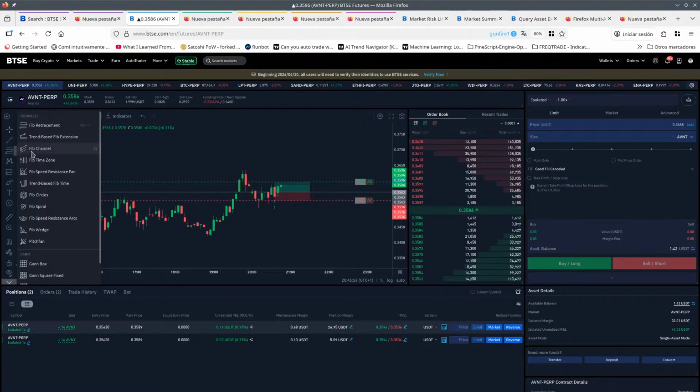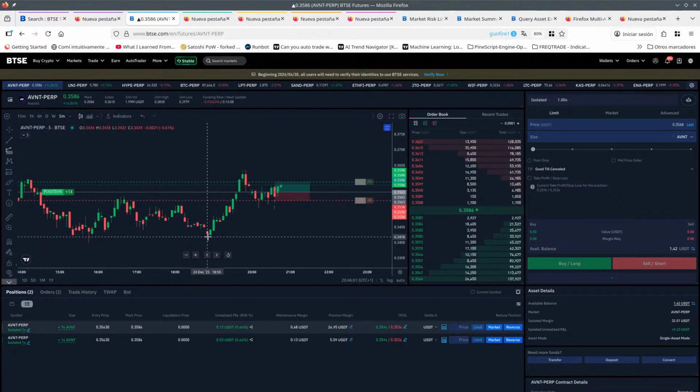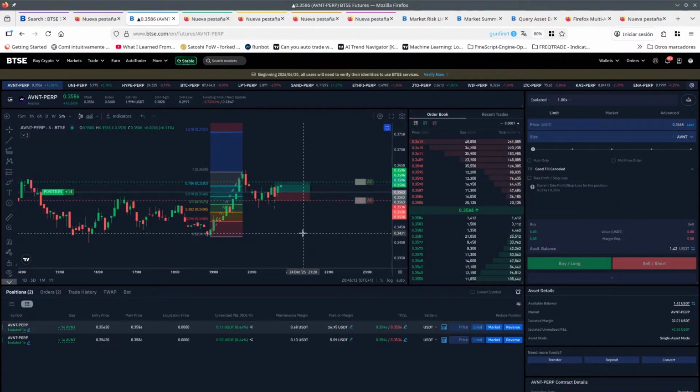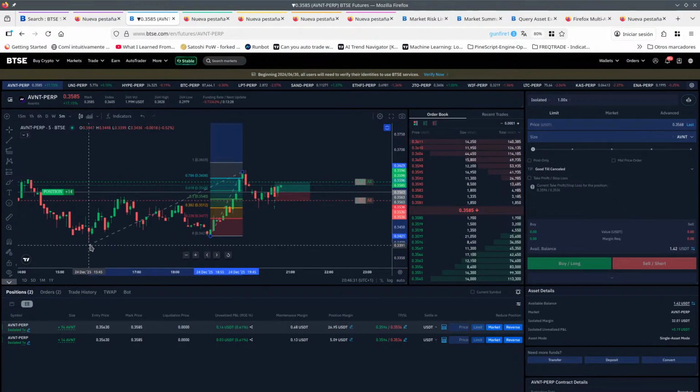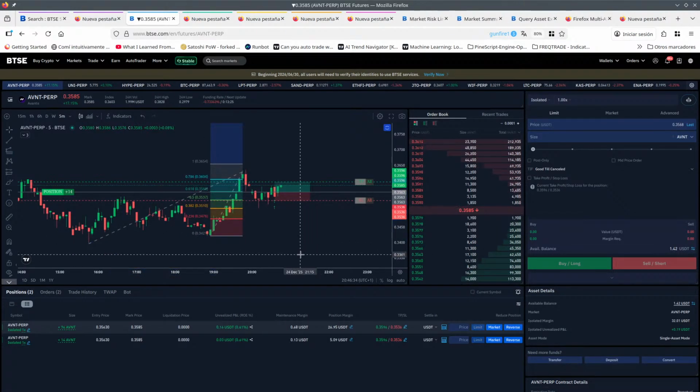Maybe I should be using the other one, the trend base extension thing. So yeah, so this is a bit of the idea. So in 0893, which I guess is around here, you get the take profit. So I guess this is something like this.